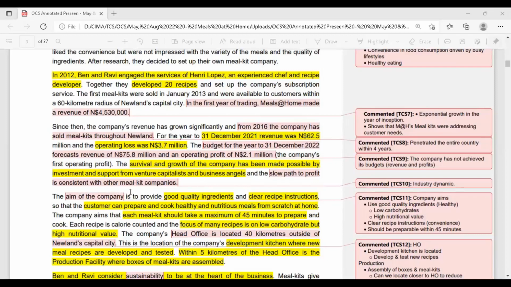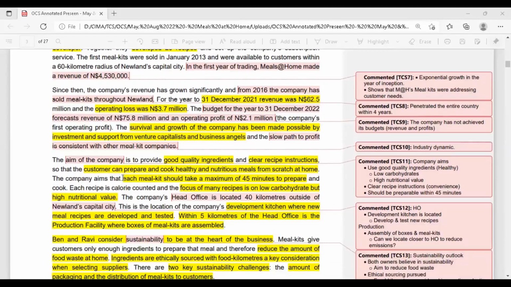So I highlighted this point earlier in the industry analysis. I said that the profit margins are low. Because the profit margins are low, it is hard to make profits within this industry. So whenever there were issues with profitability or cash flows, business angels or venture capitalists had invested money in the company. So having low margins is an industry dynamic which you need to remember.